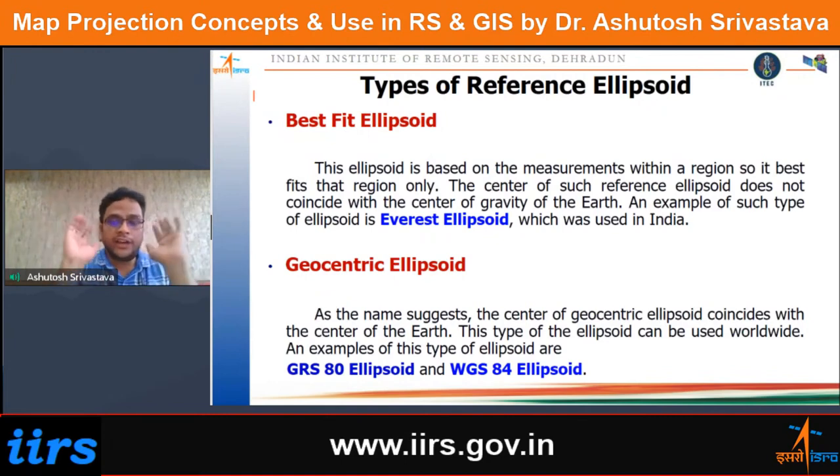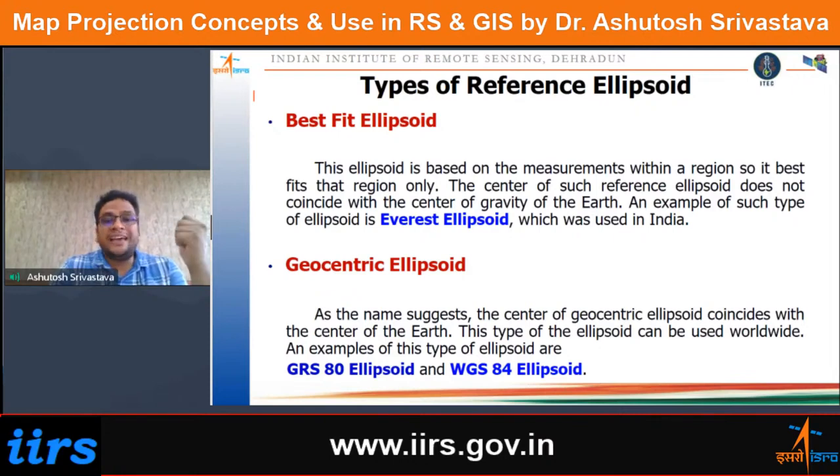First, we came to know that a mathematical model which closely represents our Earth is an ellipsoid. Now we have two terms here, best fit ellipsoid and geocentric ellipsoid. In today's time, we commonly use WGS84. This is an example of a geocentric ellipsoid.